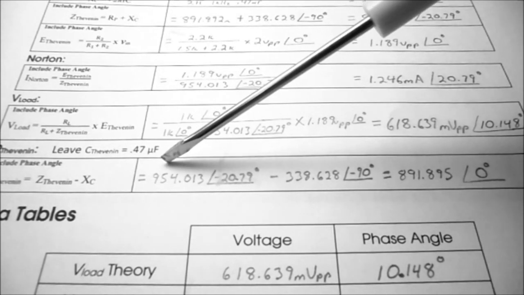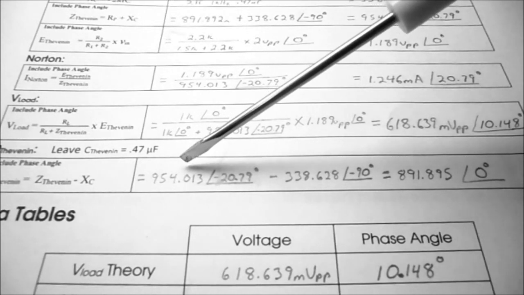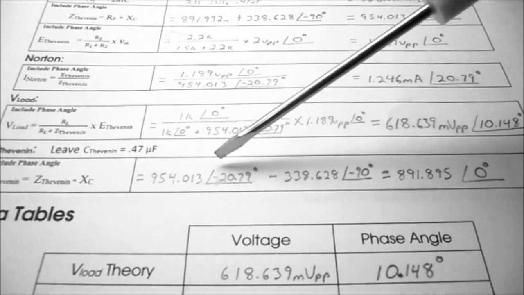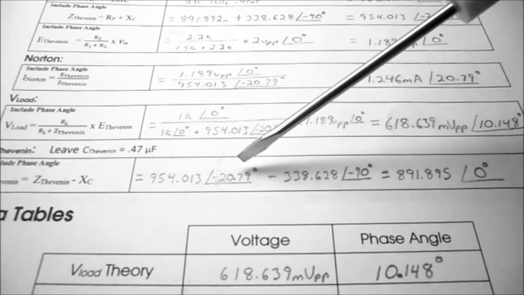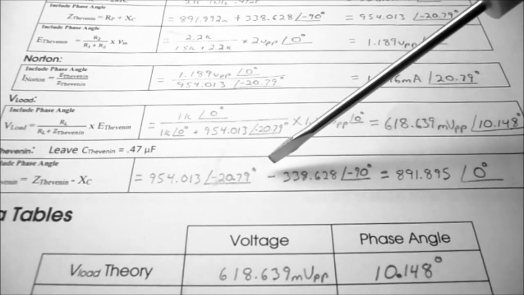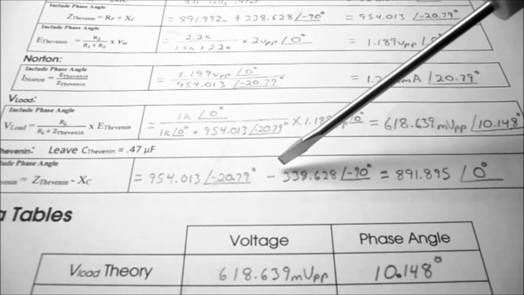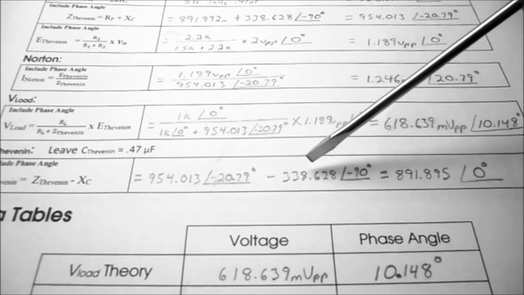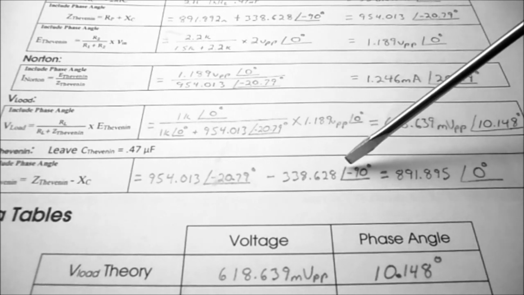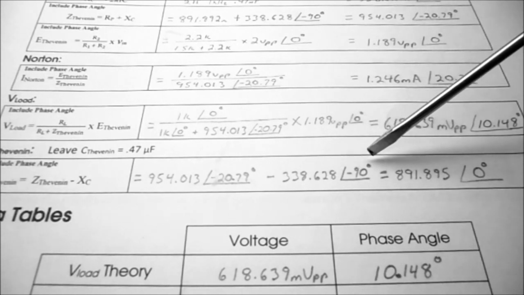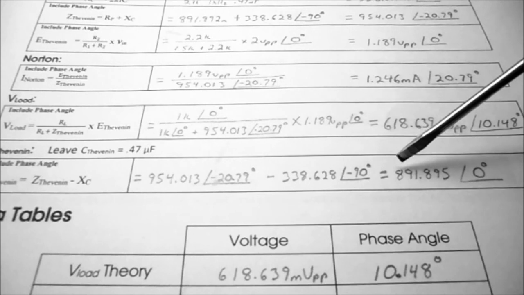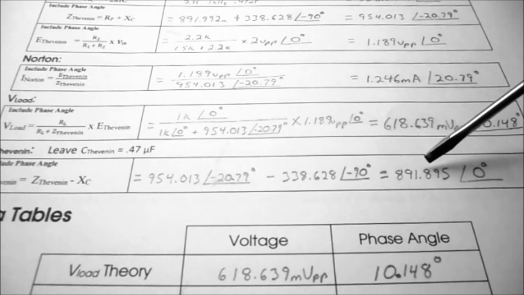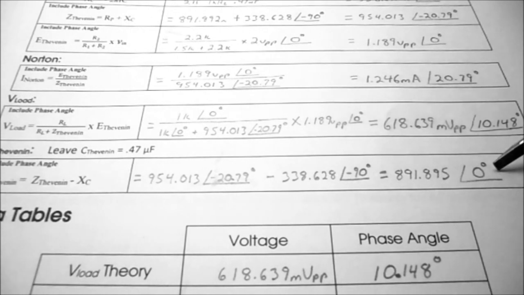So that's going to be 954.013 at an angle of minus 20.79 degrees, minus XC, which is 338.628 at an angle of minus 90 degrees. So that works out to 891.895 at an angle of 0 degrees. Now I want to show you this on the calculator.